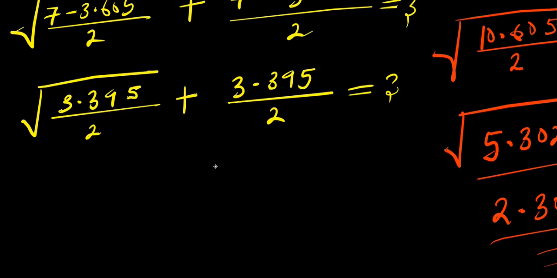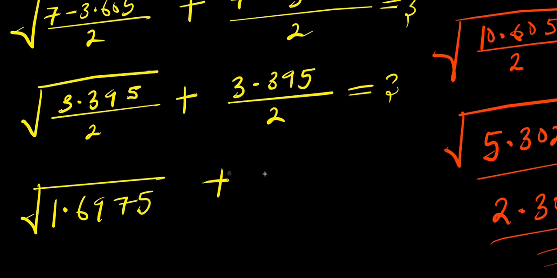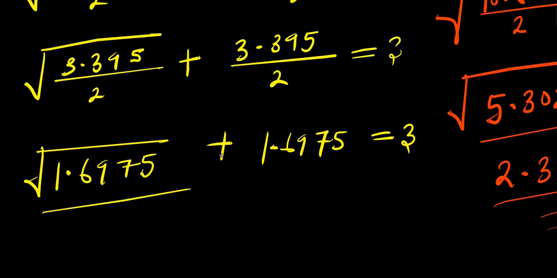So once you divide this by 2, this will give you square root of 1.6975 plus 1.6975 equals 3. So let's take the square root of this.